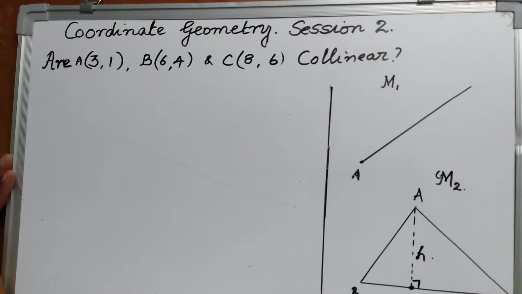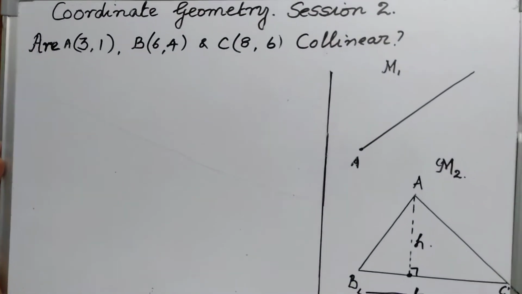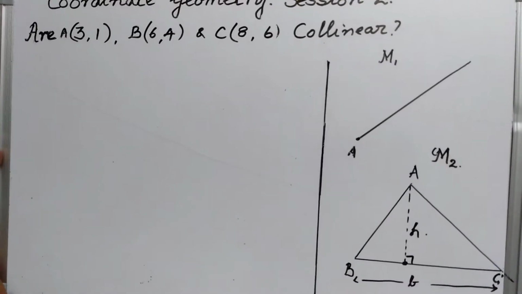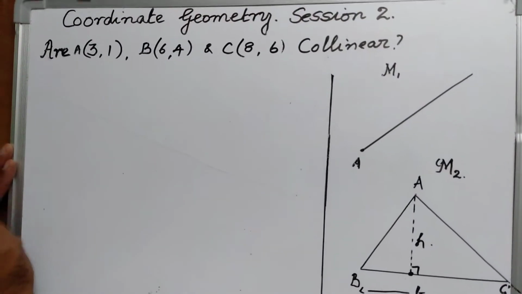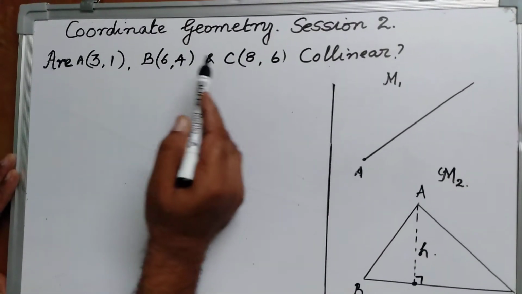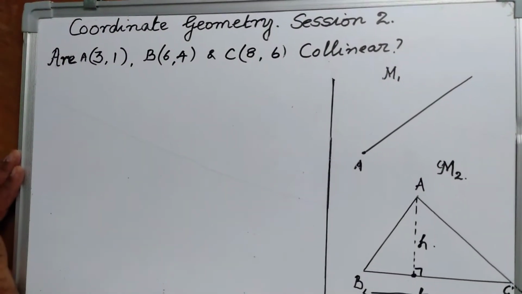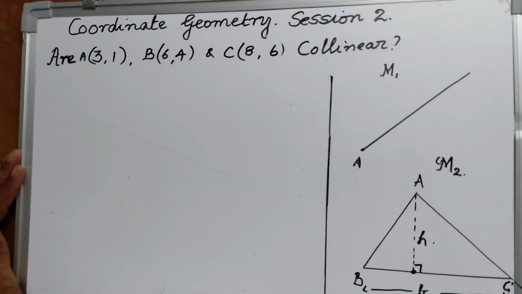By using the distance formula, we'll try to find the distance between A and B, that is AB, the distance between B and C, that is BC, and then the distance between A and C, that is AC.